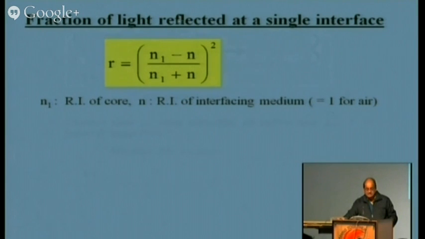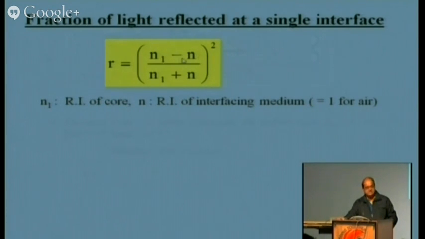So Fresnel reflection depends upon the refractive index of the fiber and the material. When I want this R to be minimum, I want this R to be as small as possible. It will be minimum when your numerator is minimum.